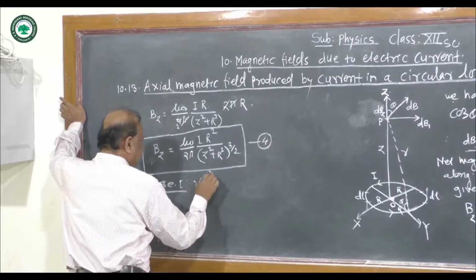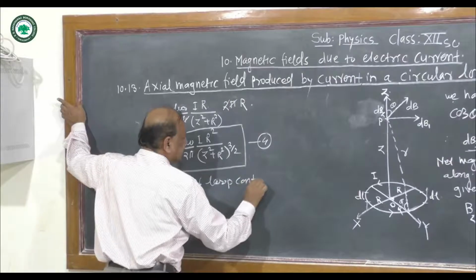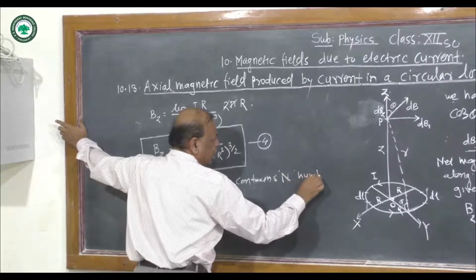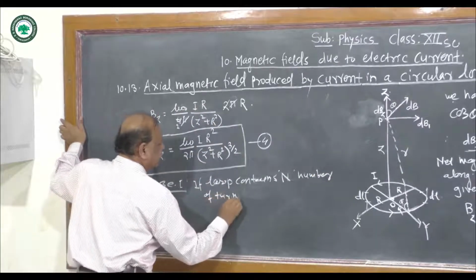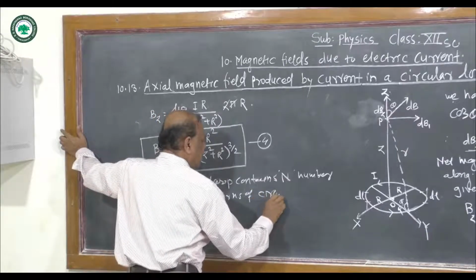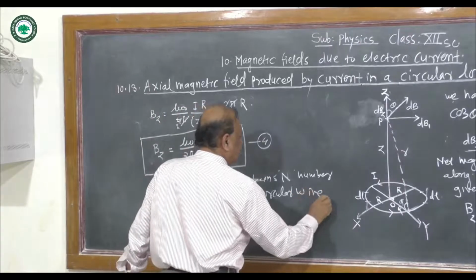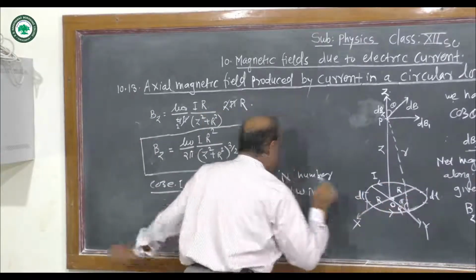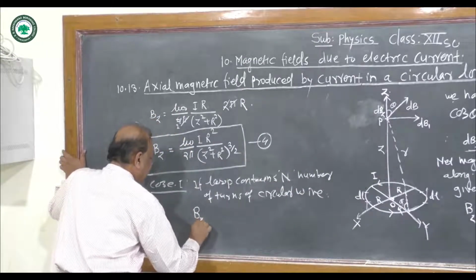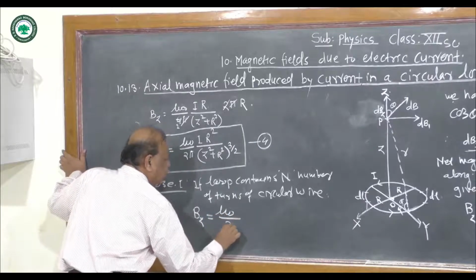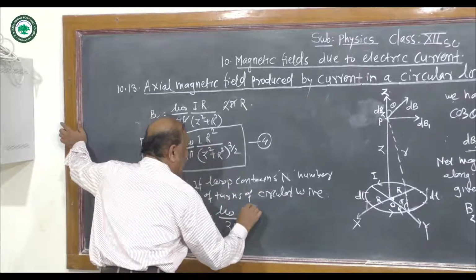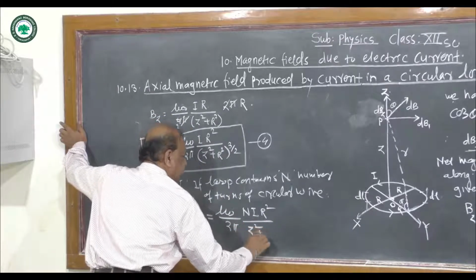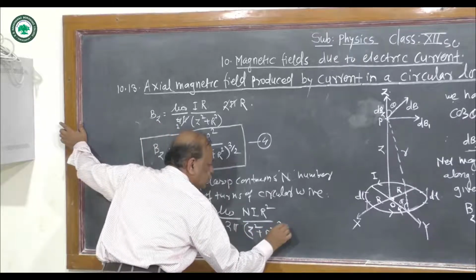Now if this loop contains n number of turns of that circular wire or circular loop, and therefore this wire consists of n number of turns, then the magnetic field is given by Bz is equal to mu 0 upon 2 pi, N I r square divided by z square plus r square raised to 3 by 2.